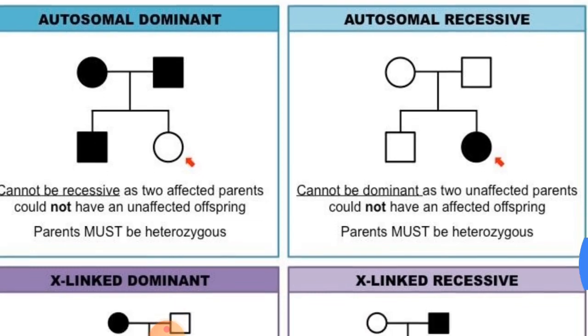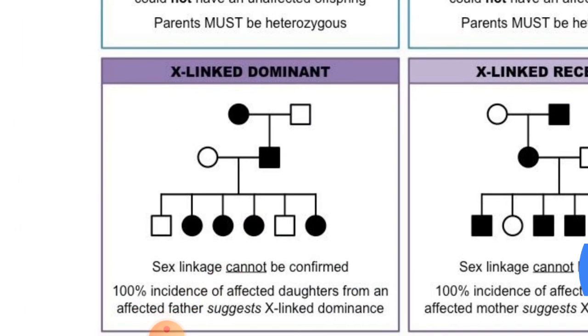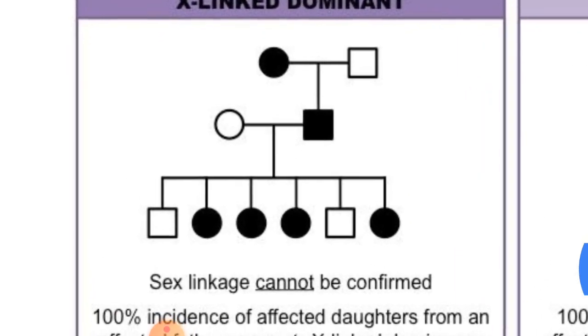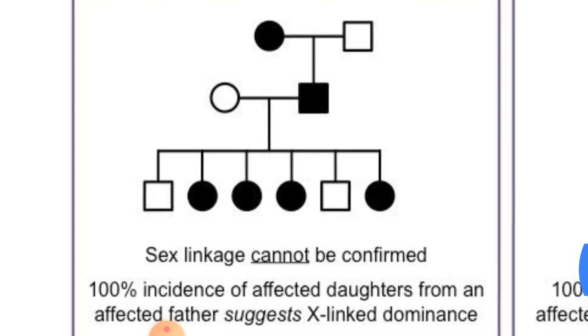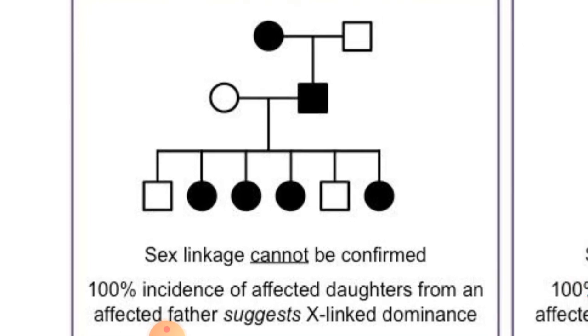Now the next, that is the X-linked dominant and the X-linked recessive characters. In this case, 100% incidence of affected daughters from an affected father suggests X-linked dominance.